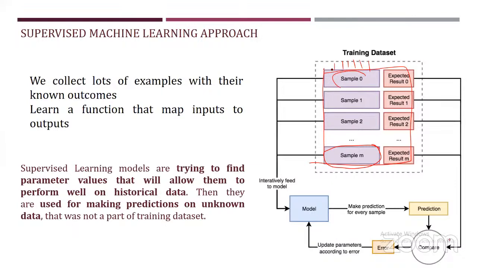So these are your feature sets. Each sample is described with respect to a set of features. And this expected result that you see defines your class. Now you provide these two pieces of information to the model, and the model is going to learn from the data.